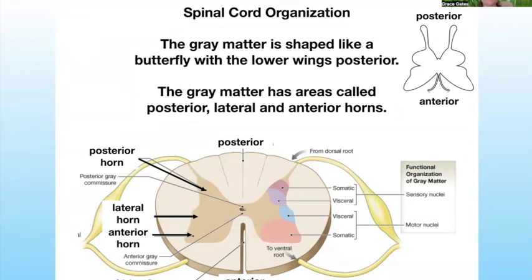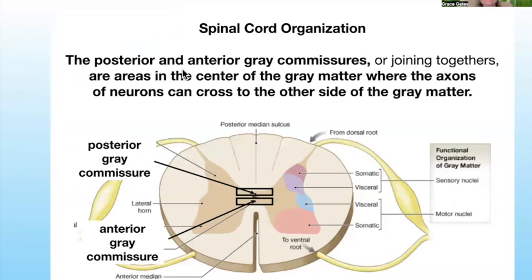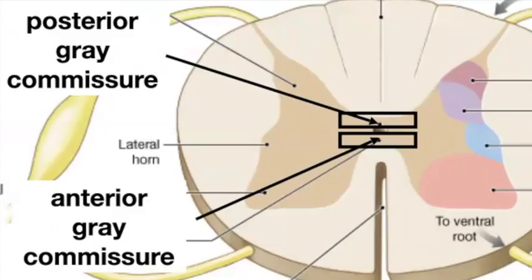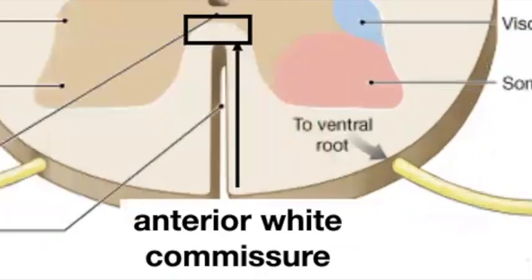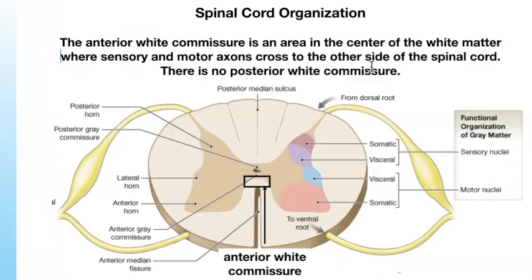You can check out where those are. The posterior and anterior gray commissures, or joining togethers, are areas in the center of the gray matter where the axons of neurons can cross to the other side of the gray matter. The anterior white commissure is an area in the center of the white matter where sensory and motor axons cross to the other side of the spinal cord. There is no posterior white commissure.